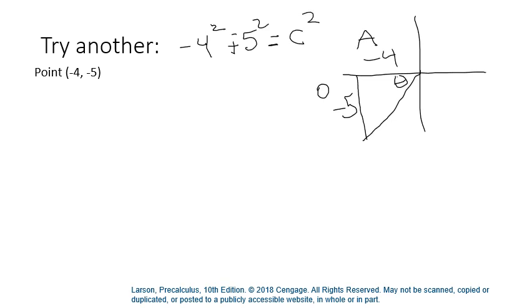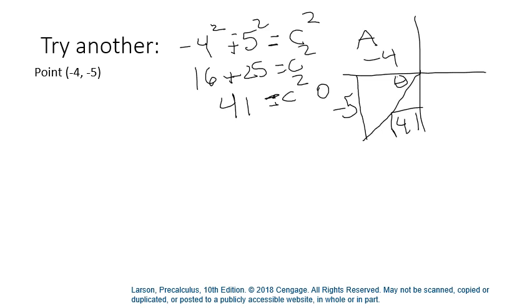So when you square those, you get 16 plus 25, which is 41. So this is the square root of 41.